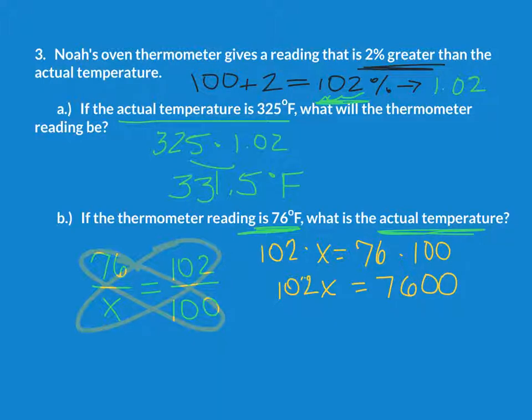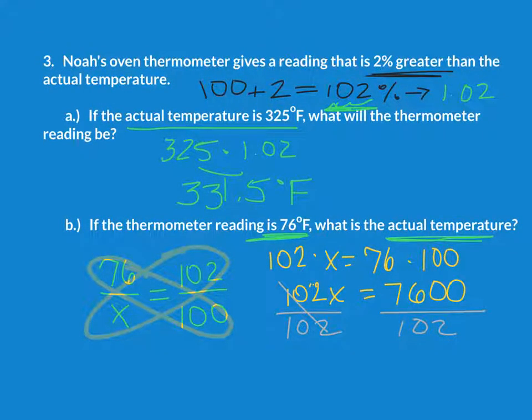The opposite of times 102 is to divide both sides by 102. These cancel. I'm left with x equals 74 point 5098, carries on.